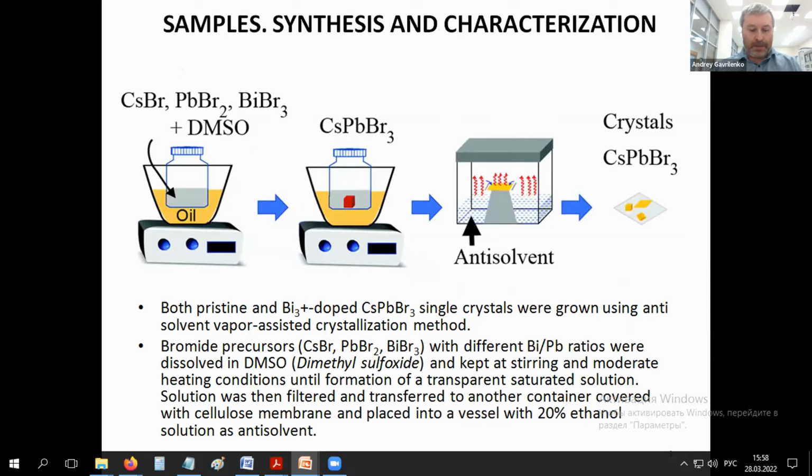Bromide precursors, as presented in the figure, with different bismuth to lead ratios were dissolved in DMSO and kept under stirring and moderate heating until formation of a transparent saturated solution. The solution was then filtered and transferred to another container covered with a cellulose membrane and placed into a vessel with 20% ethanol solution as anti-solvent.